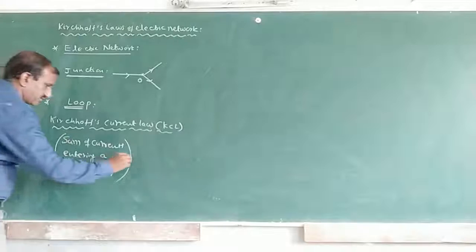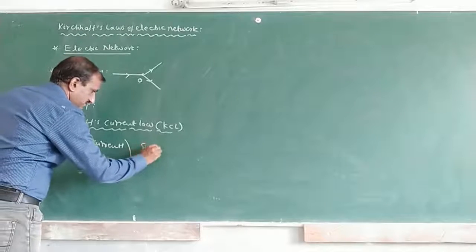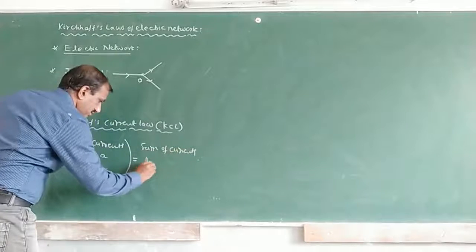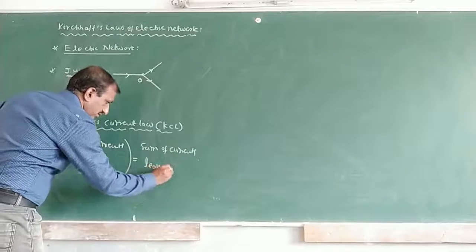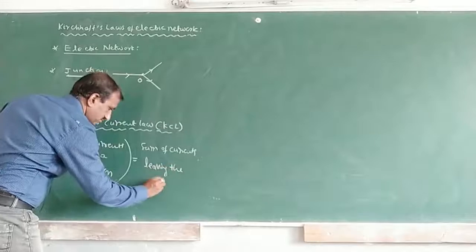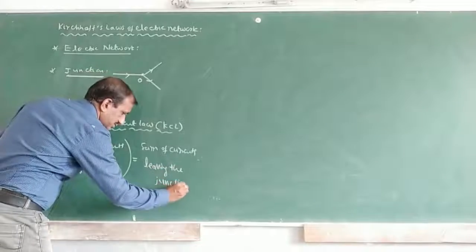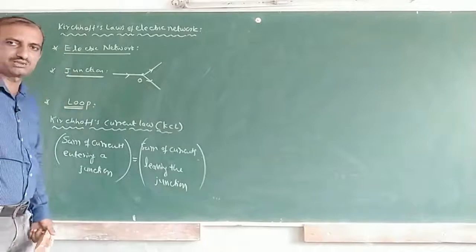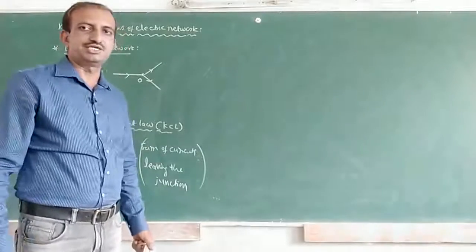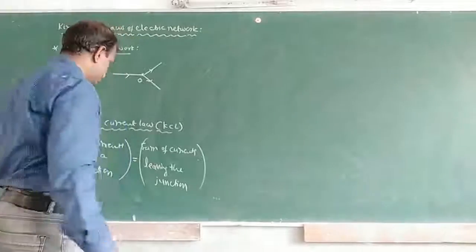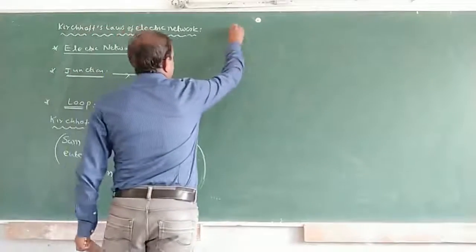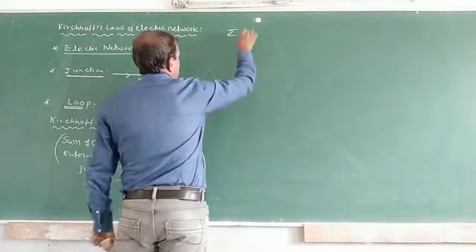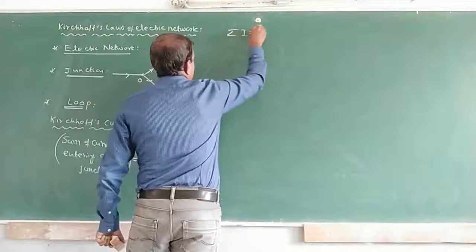Or it can be stated as the algebraic sum of currents meeting at a junction is equal to 0, that is, sigma I is equal to 0.